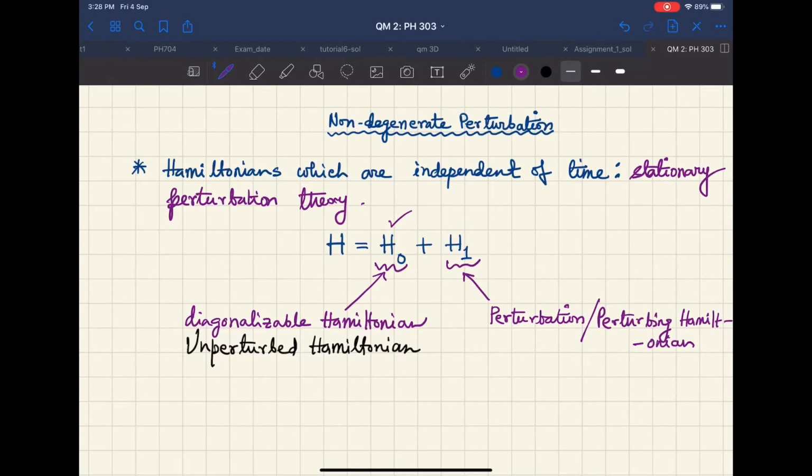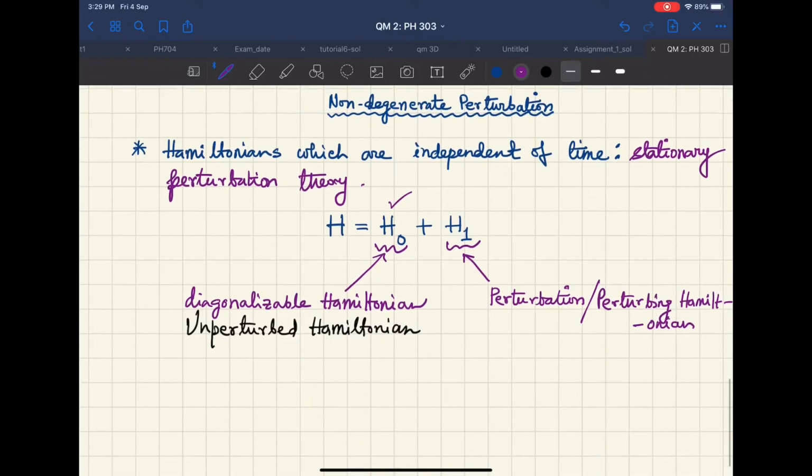So let me explain it once again. We have this Hamiltonian which has been divided into H0 and H1. Now, if the perturbing Hamiltonian is small, then the eigenstates and eigenvalues would be very close to the unperturbed Hamiltonian eigenstates or eigenvalues. Thus, one can expand these quantities in powers of the effect of the perturbing Hamiltonian.